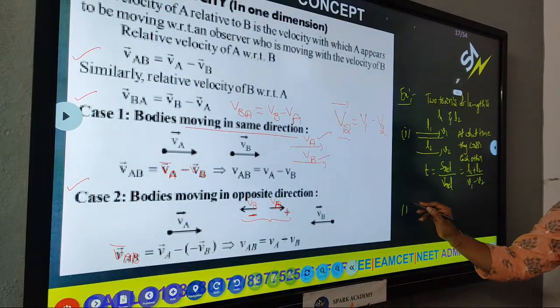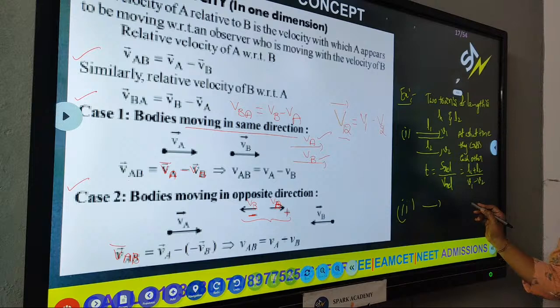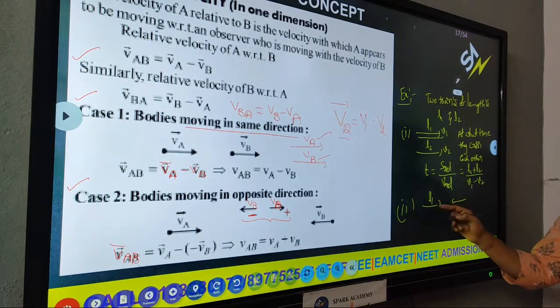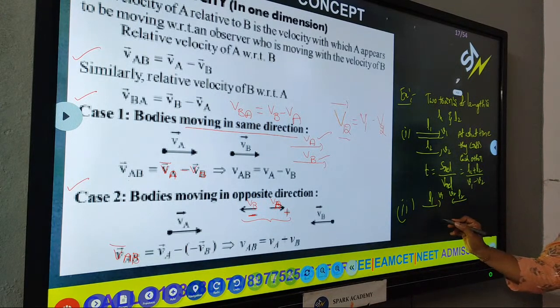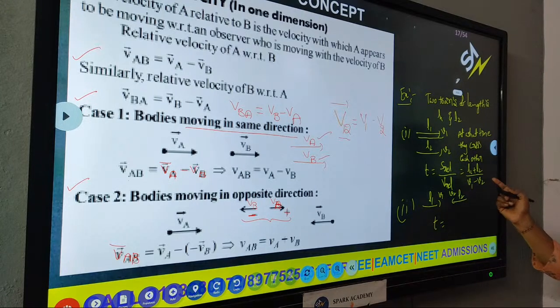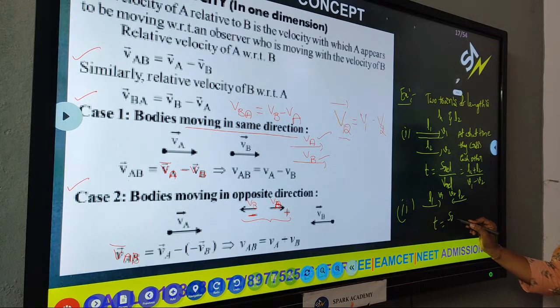In second case, if the trains are moving opposite to each other, this is the train 1, its length L1, and train 2, its length L2, and V1, V2. Now they are moving opposite to each other. What is the time taken to cross each other? Here also we follow the relative velocity, that is relative distance by relative velocity.